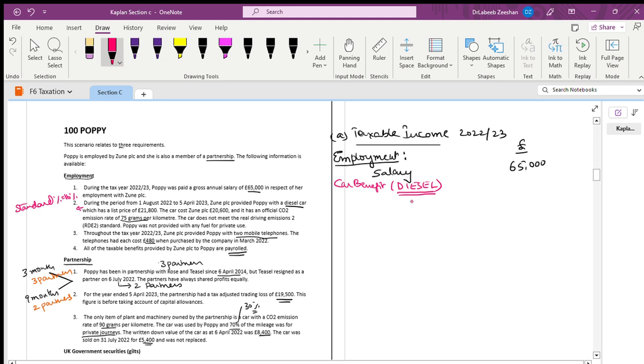Plus, for every 5 grams you have to add 1%.